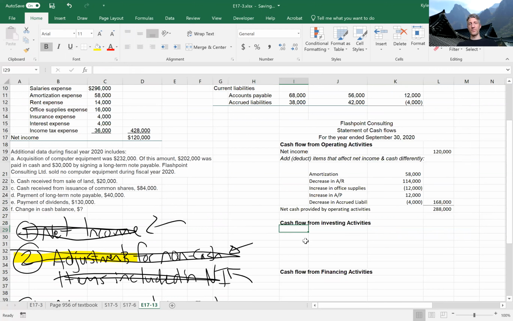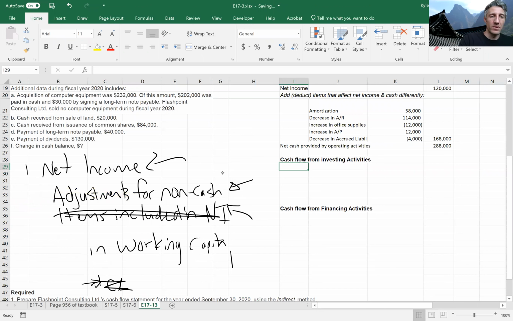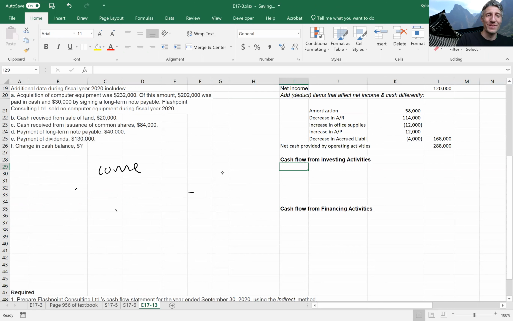Cash flow from investing. So investing activities include the purchase and sale of long-term assets. And you know what? Since I'm done with our 3 steps, maybe I'll utilize this space over here. Now, we've already completed, and I'll just talk while I erase, so hopefully you're cool with that.